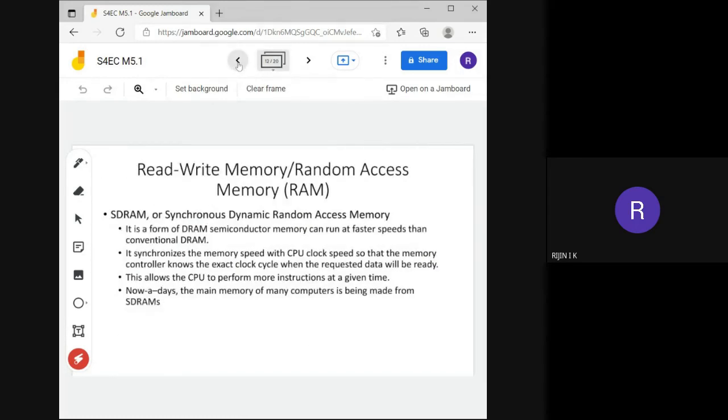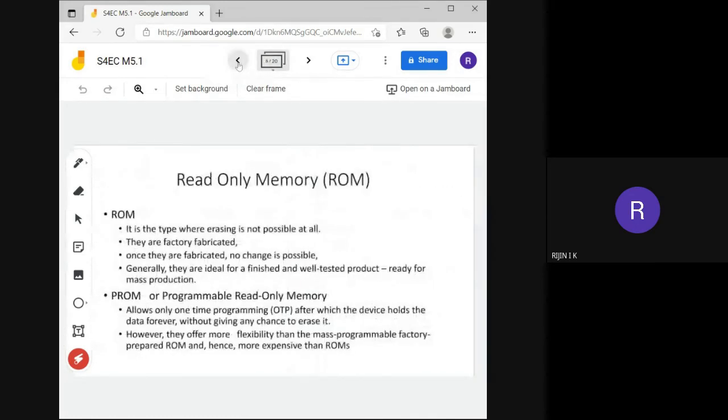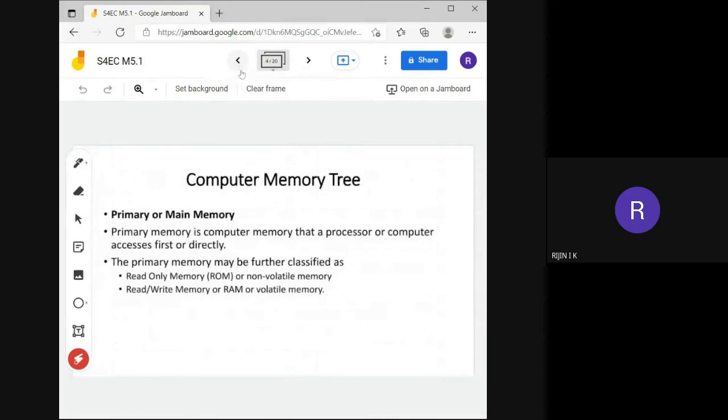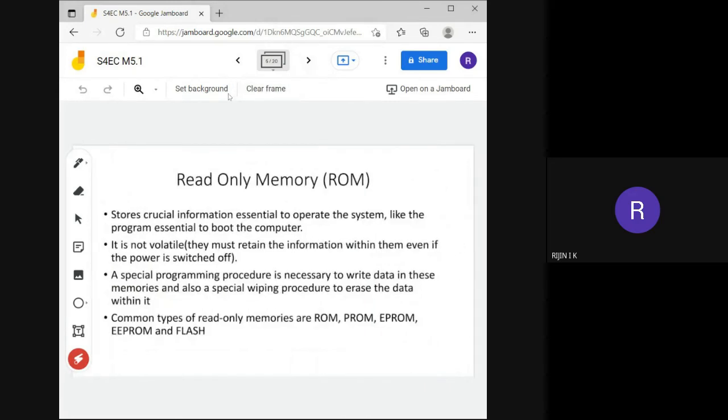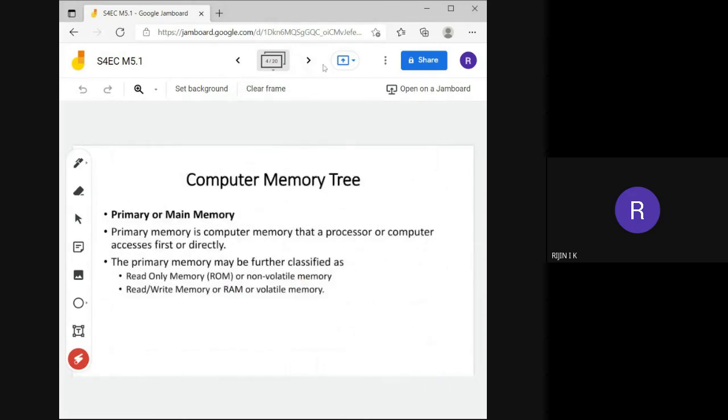What did we look at? Generally we are classifying the primary memory into read-only memory and read-write memory. In read-only memory, what did we study?